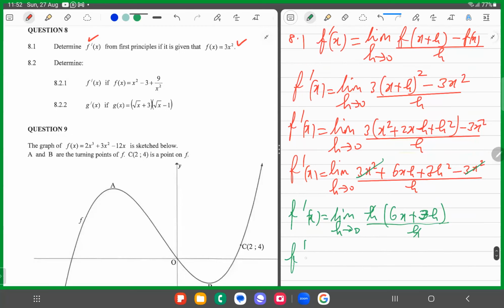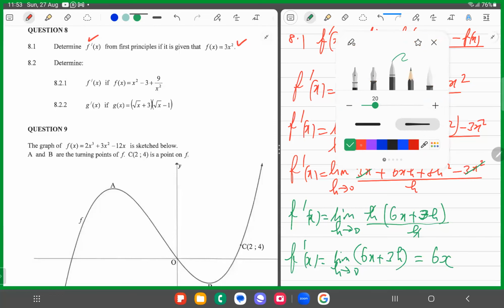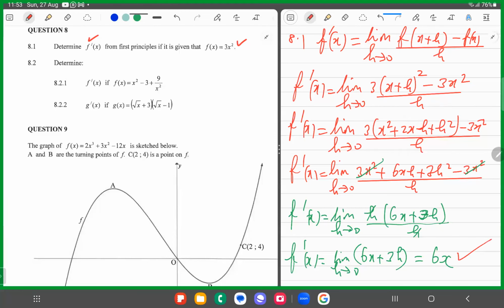And therefore f prime is the limit of 6x plus 3h, which is 6x. Determine f prime of x from first principles if it is given that f(x) is 3x squared.